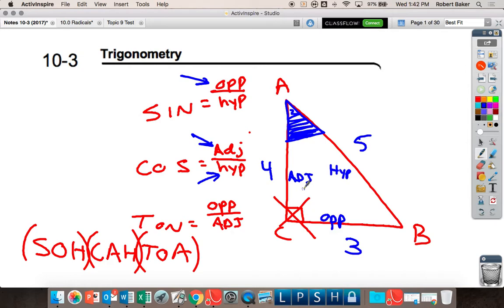So at angle A, 3 is the opposite side, 4 is the adjacent side, and 5 is the hypotenuse. So sine of angle A is the opposite number, which is 3, over the hypotenuse number.